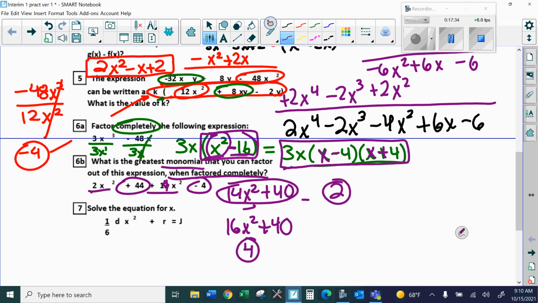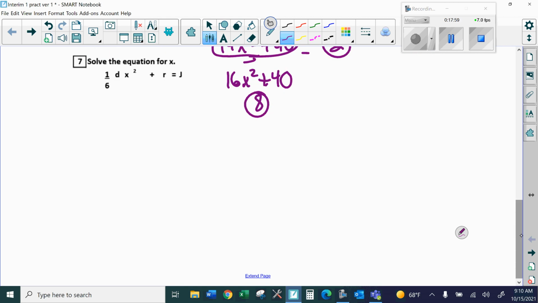No, sorry, it's not even 4, it's 8, right? 8 goes into 16 and 8 goes into 40. So that would be the GCF if that happened to be a 14x squared there. Okay, so always combine like terms first, then go ahead and factor out your GCF, which in this case was 2.